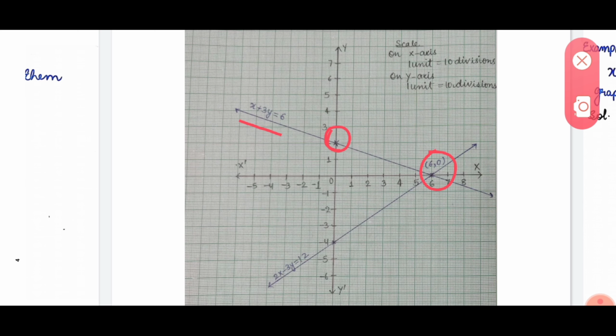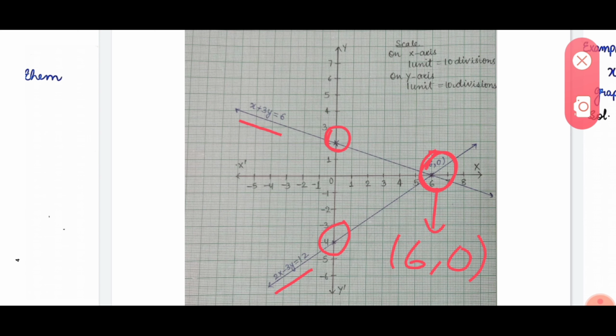And the line representing the equation 2x minus 3y equals 12 passes through 0, minus 4 and 6, 0. So it is clear from the graph that these two lines intersect at 6, 0. This is the intersection point of these two lines, so the solution will be 6, 0.